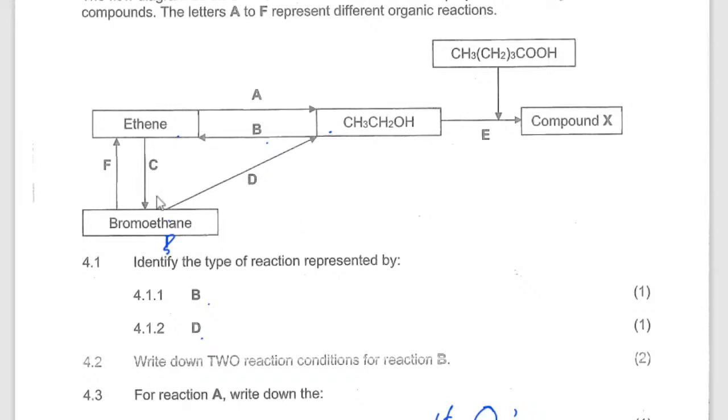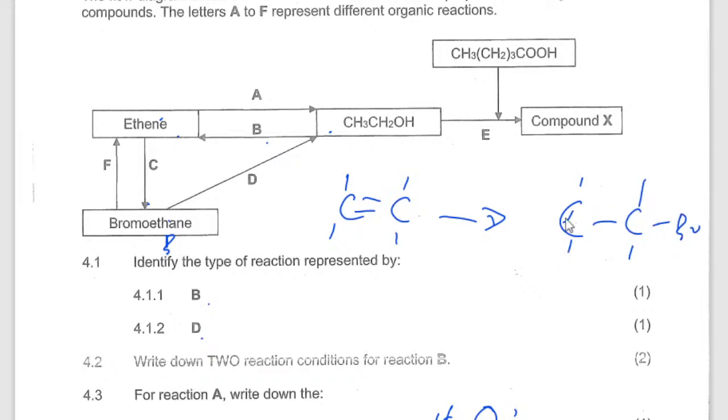They said ethene to bromoethane, meaning that I'm going to have a bromine there and a bromine there, and then a hydrogen.